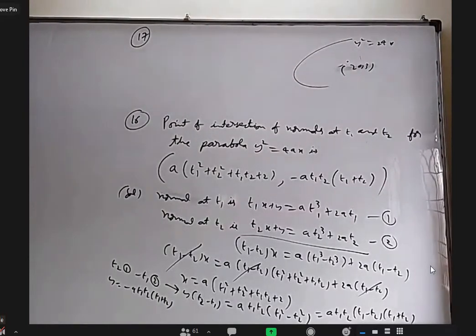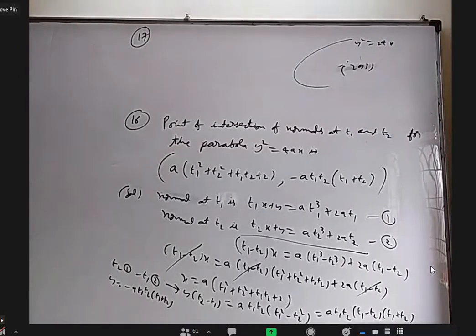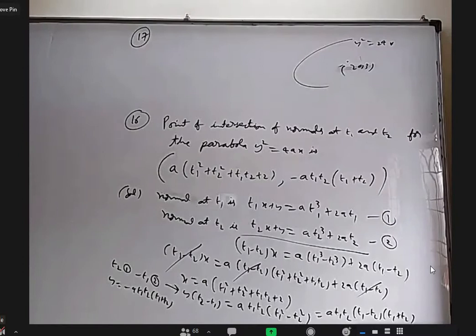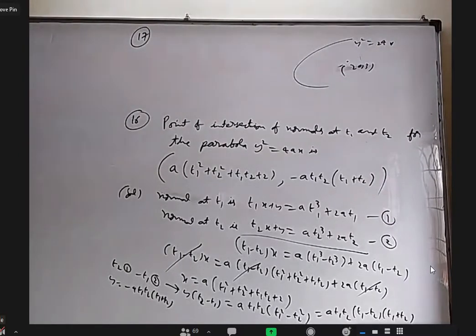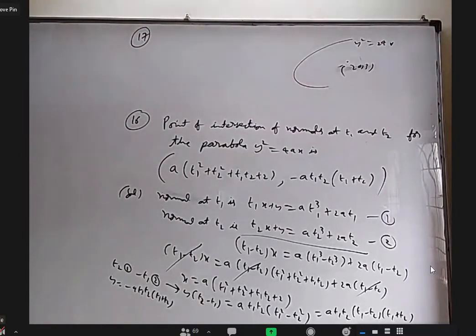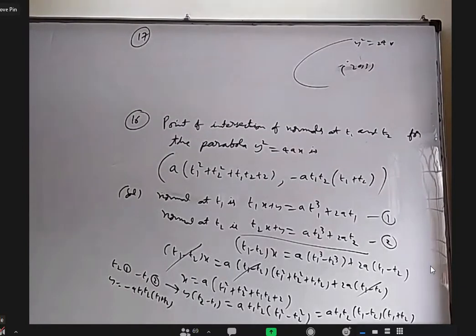Sir, substitute that point in the equation of normal. What is the equation of normal? y equals mx minus 2am minus am cube. In that if you substitute 20 comma 3, what will happen? We will get a cubic equation. The number of normals is 3, sir, maximum number. Yes, correct.